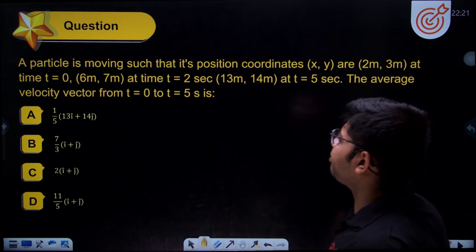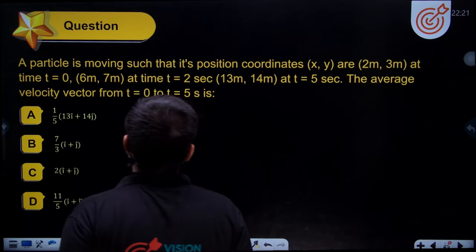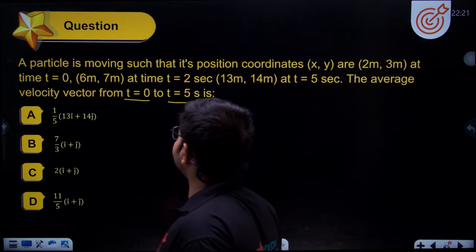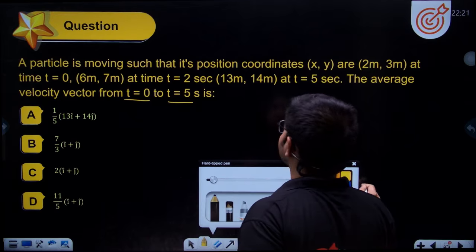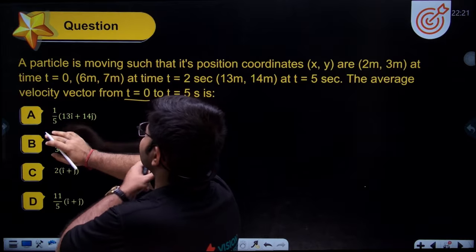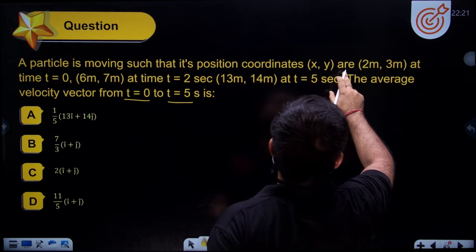The average velocity vector from t equal to 0 to t equal to 5 second is? So we need to find the average velocity here.